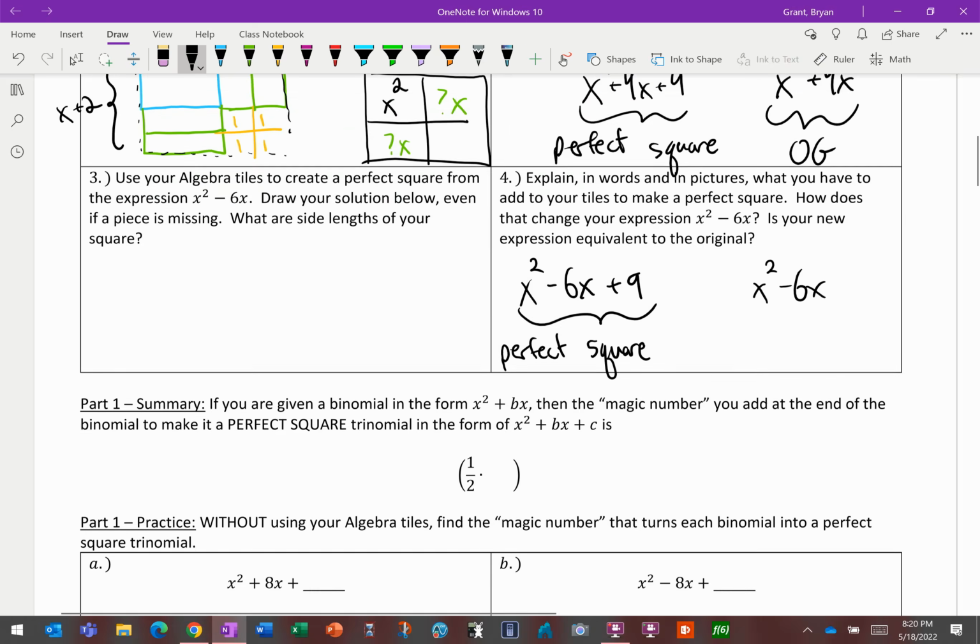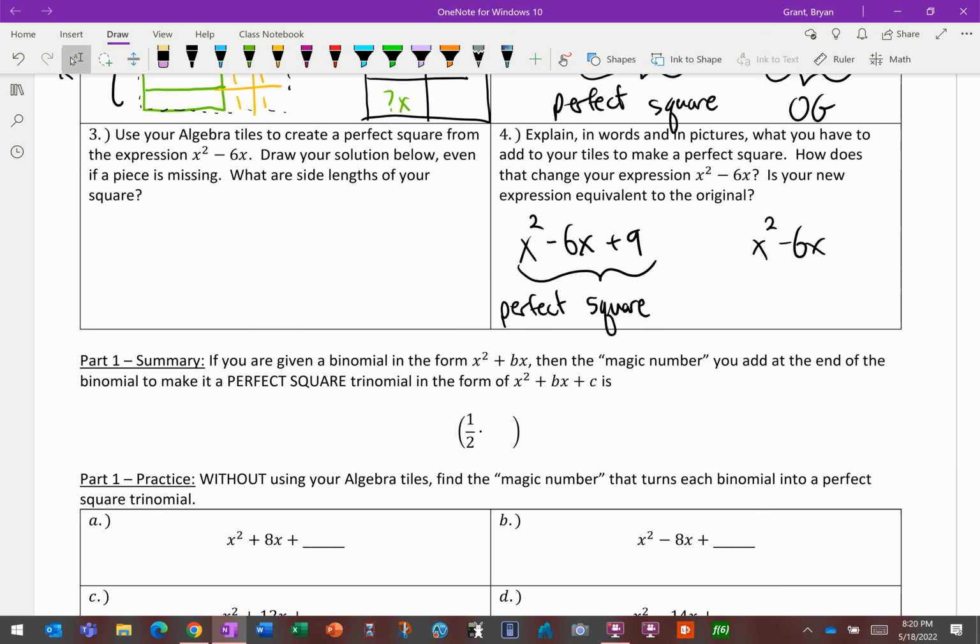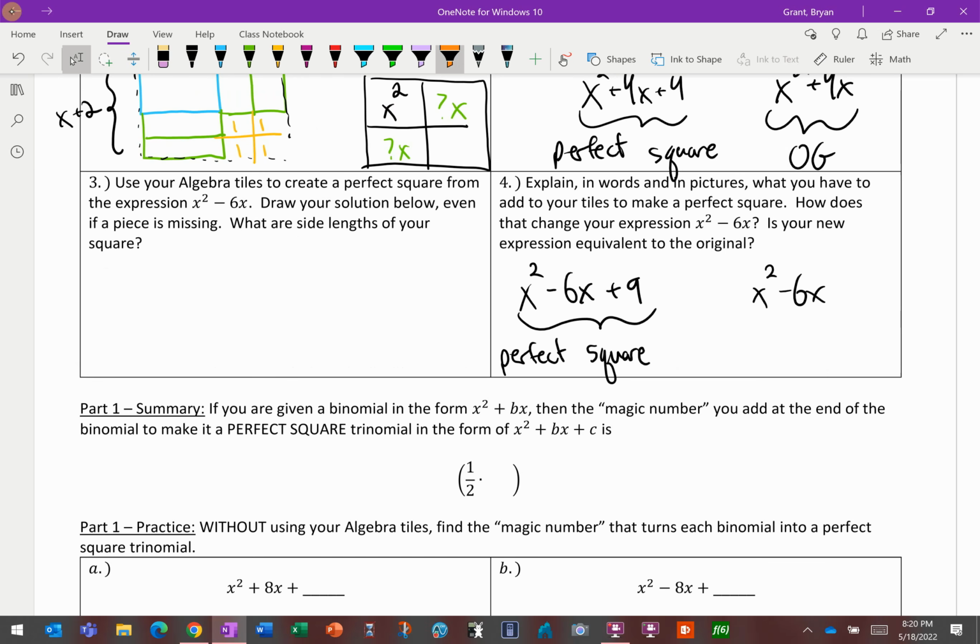So here we go. If you're given a binomial in the form of x squared plus bx, then the magic number, and I'm going to highlight that magic number up here, that magic number that we had to add to the end of the binomial to make it a perfect square trinomial, so this c value we had to add on here, was found by first splitting the b in half. We had to do half of b.